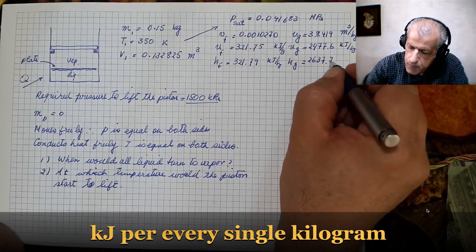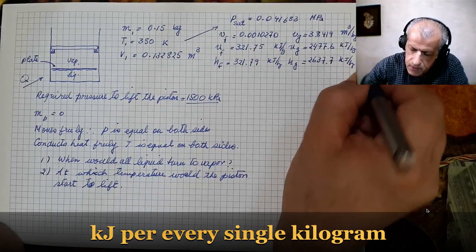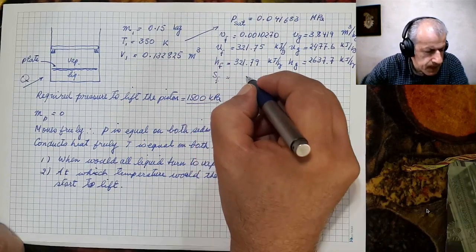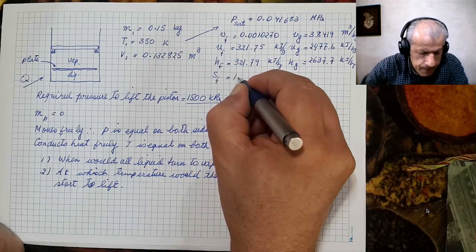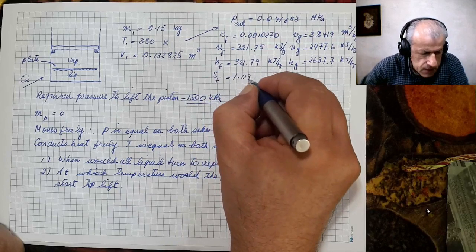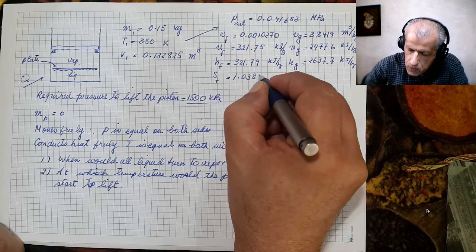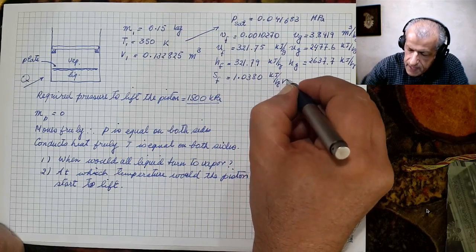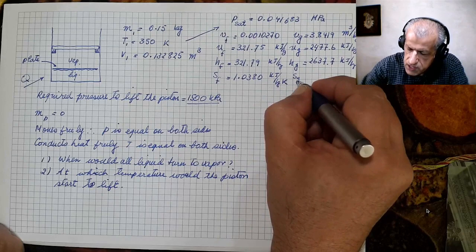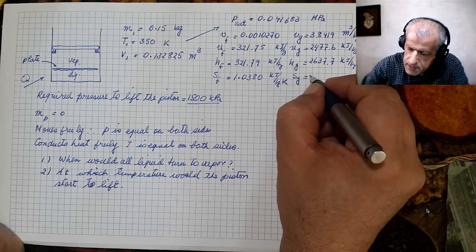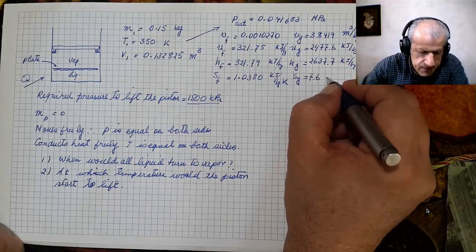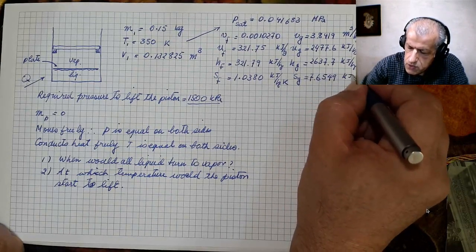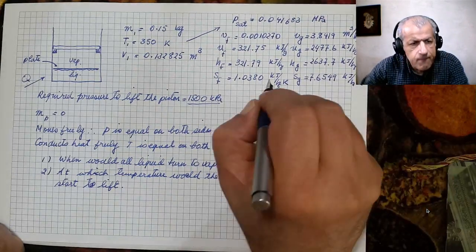And Sf is 1.0380 kilojoules per kilogram Kelvin, and Sg is 7.6549 kilojoules per kilogram Kelvin.